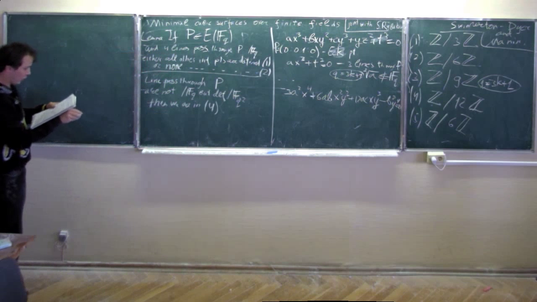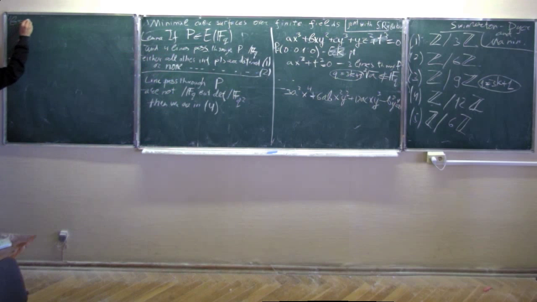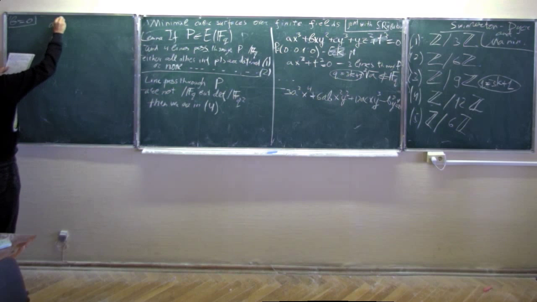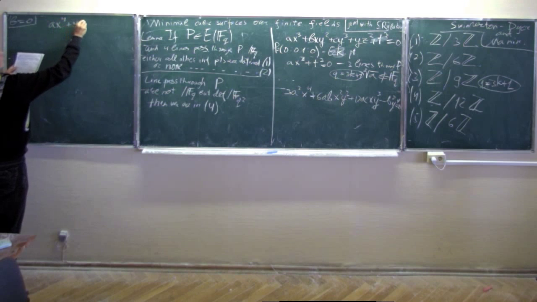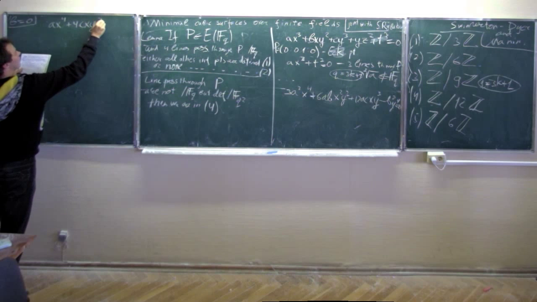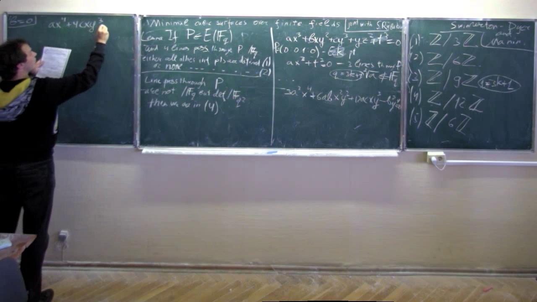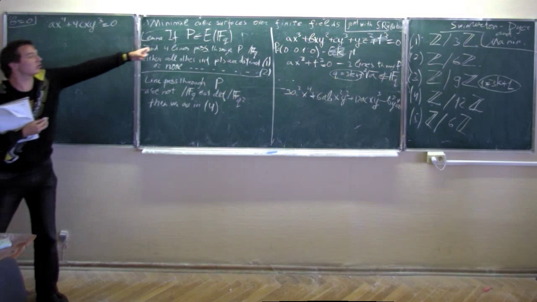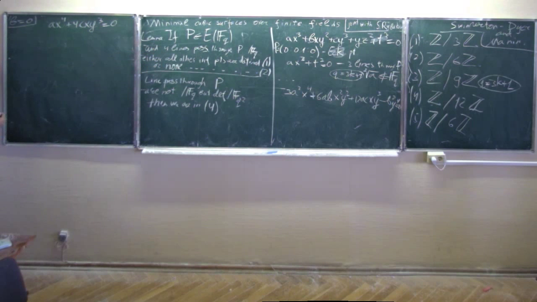Well, first, assume that b is equal to 0. Then we have the equation of 4 lines passing through P: a x to the fourth plus 4c x y to the third degree equal to 0. If we want to satisfy these two cases, first or the second, we should say that this equation has all 4 roots.